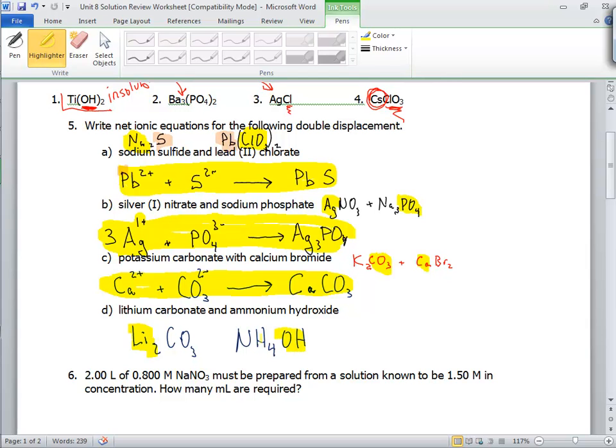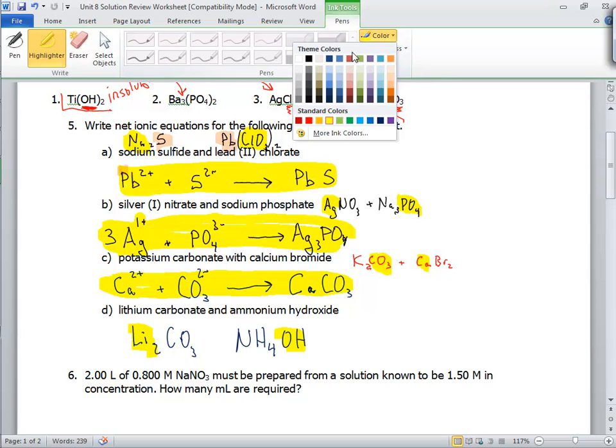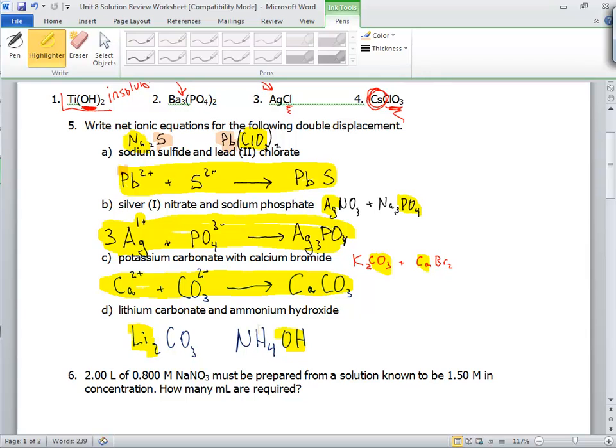No, because alkali metals and ammonium salts are soluble. So either combination of these will not form a precipitate. And so this is making no reaction, and that's all you need to tell us for the net ionic equation.